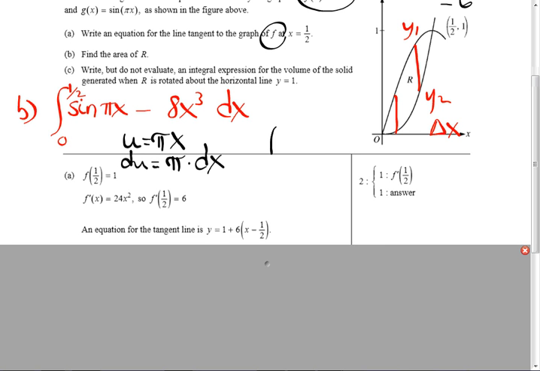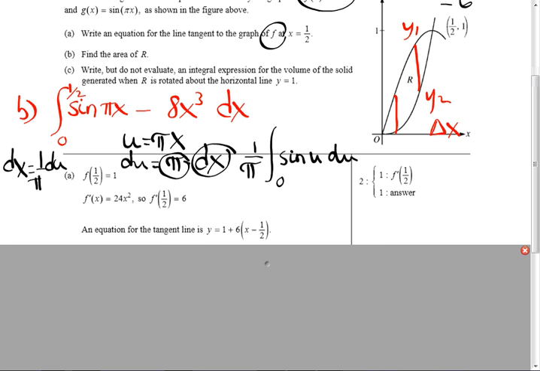So this is the integral of the sine of u du, with 1 over pi out in front, because solving for dx gives dx equals 1 over pi du. Just algebra. If x is 0, what's u? 0.